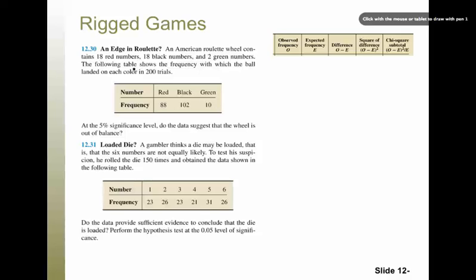And on the wheel, there's 18 red, 18 black, and 2 green. Okay? So the first thing we need to do is get what are the relative frequencies? How would we get the relative frequency of red? If there's 18 red, 18 black, and 2 green, how would we get the relative frequency of red?